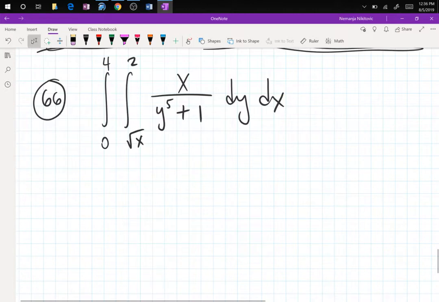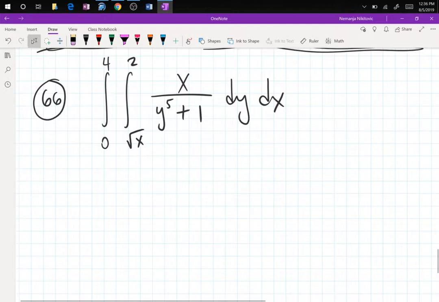I have y to the 5 in the denominator. I need to be able to fix this somehow. What are all the configurations that I actually can do? If you know what you can do, then it's easier to spot what you can't do, right? So you would be able to integrate x over y plus 1, because that would be a basic u sub and just would work out to be ln.